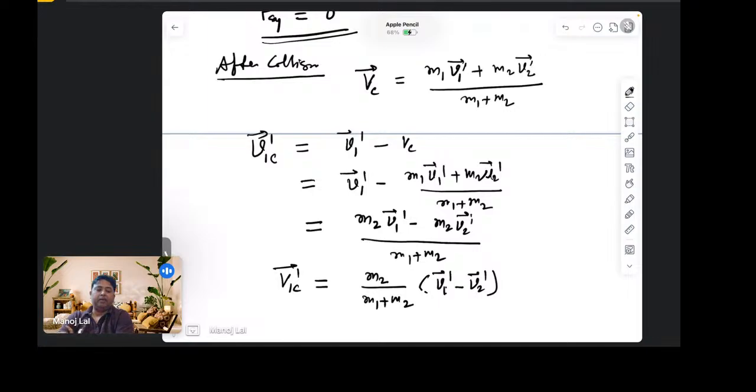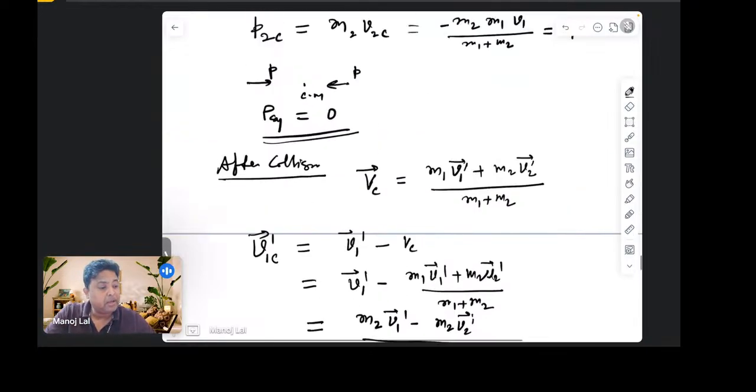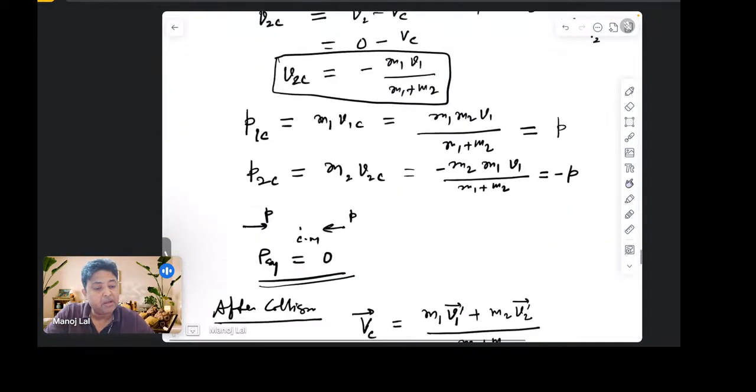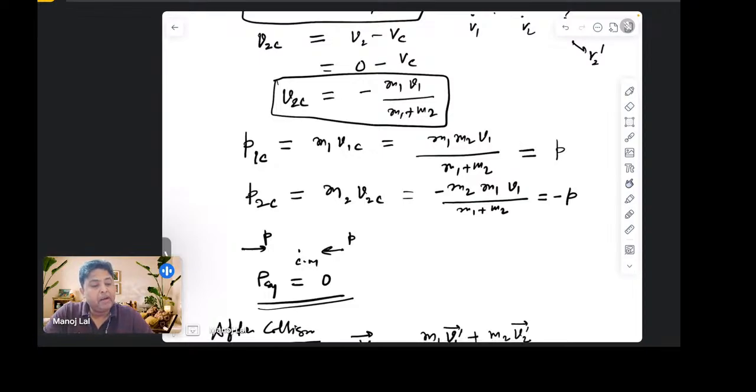So you should be very careful what we are doing here. We have one thing before collision. Check it. Before collision, I have the momentum. This is P1C.